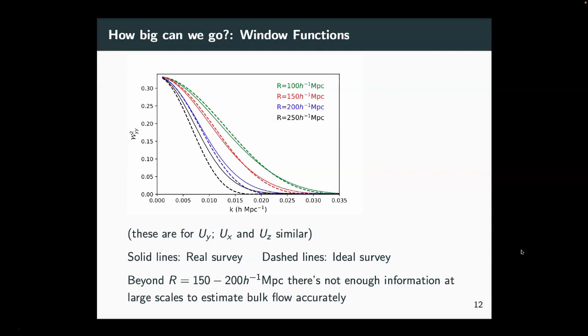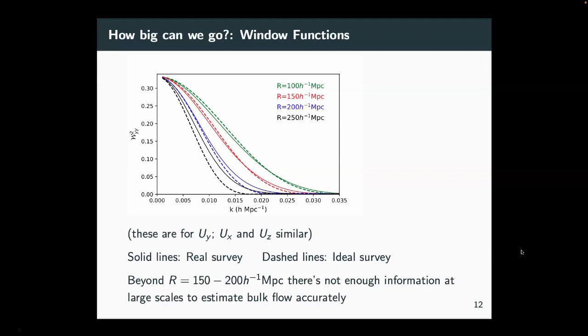So you can see at 100 h inverse megaparsecs, the solid line is the real survey, and the dashed line is the window function that the ideal survey would have if we had one. The minimum variance method weights the galaxies so that it samples the power spectrum in close to the same way as the ideal survey would.